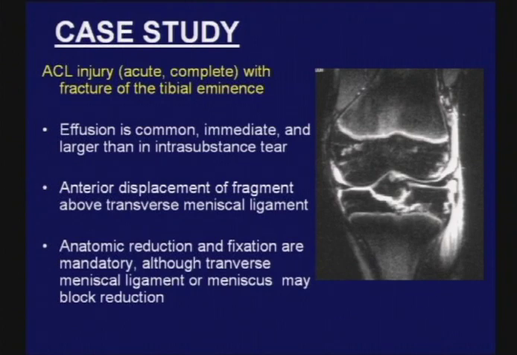The fragment is typically displaced superiorly, and that leads to the classification system. And anatomic reduction is the aim here. Now, sometimes that can be accomplished without surgery, but there are several reasons why you don't get anatomic reduction. Some people have emphasized that the lateral meniscus may in fact attach to this via its anterior root ligament.